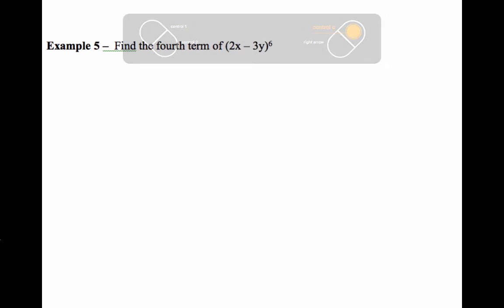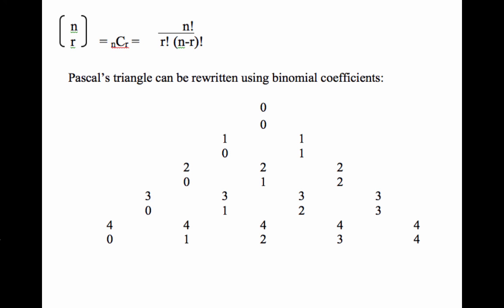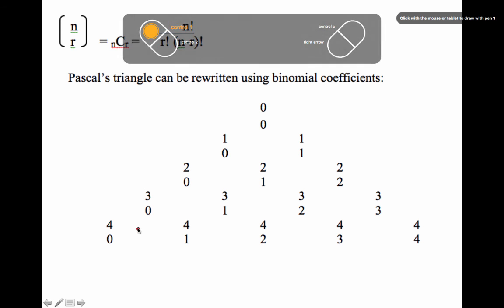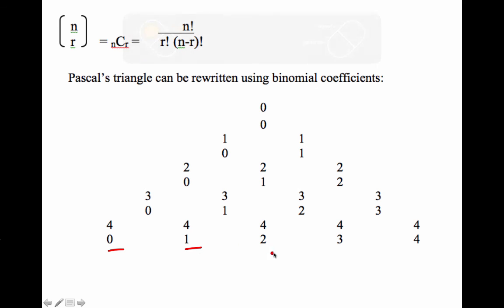So if we go back here, you can see we go 0, 1, 2, 3. So the value of R comes from, it doesn't start counting at 1. So if it's the fourth term, it's 1, 2, 3, fourth term.